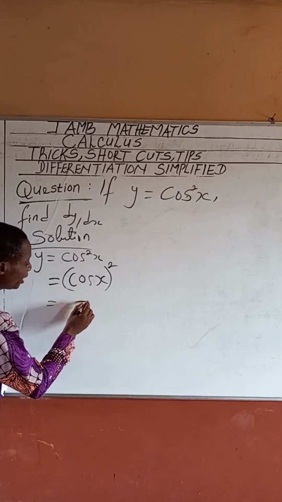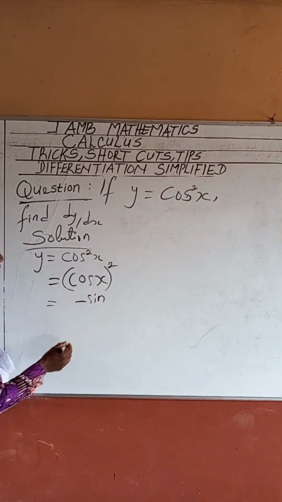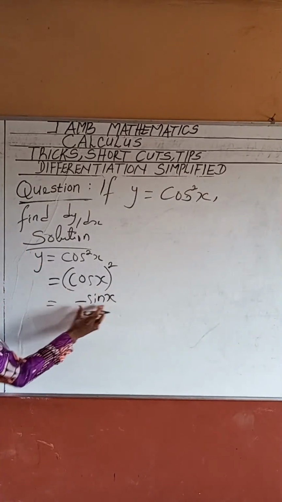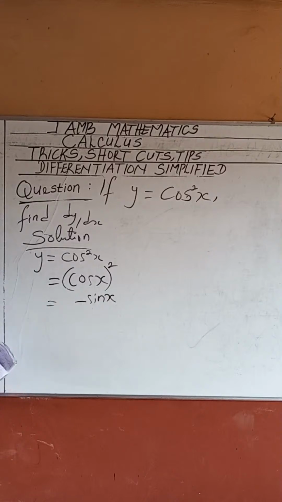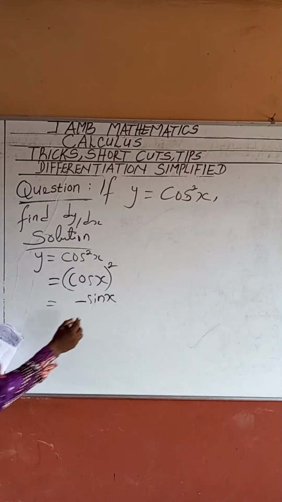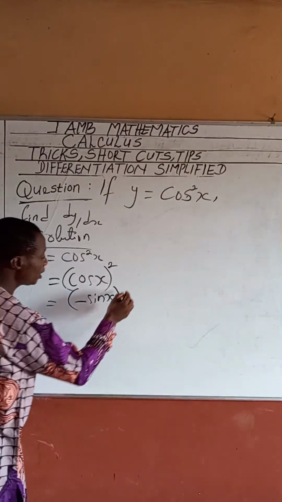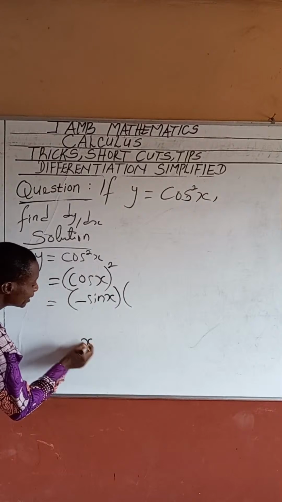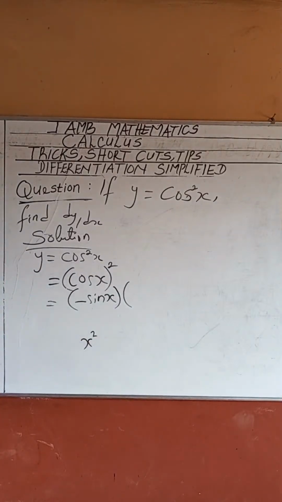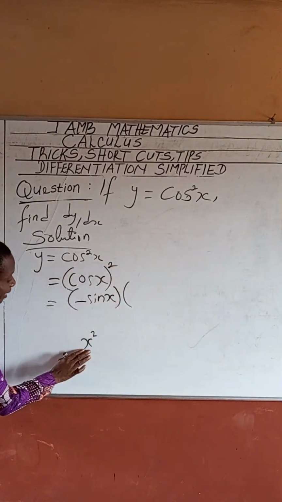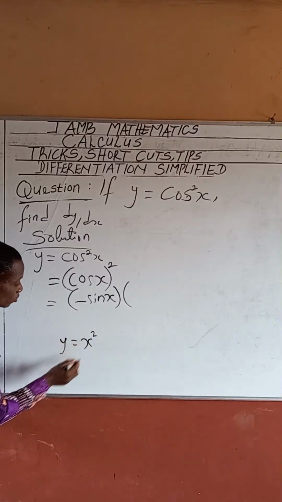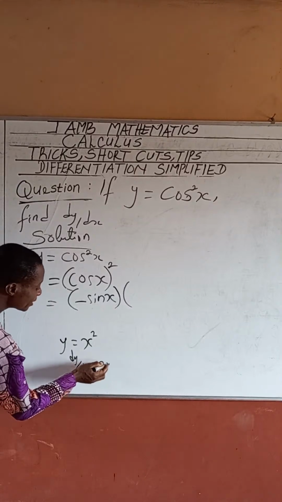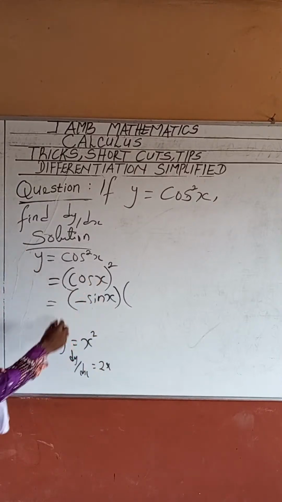It's going to be minus sine x, right? Cos to sine is minus sine x. Then close the bracket. Now come here again and solve the whole bracket as if it is x squared. You know, if y is equal to x squared, dy/dx is 2x. So solve it as if it's 2x.